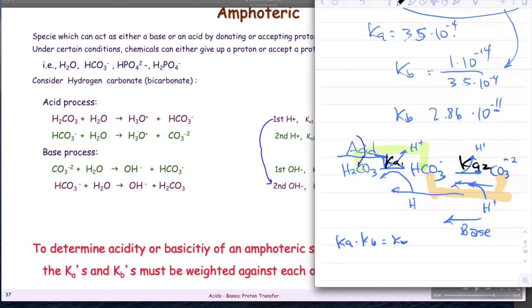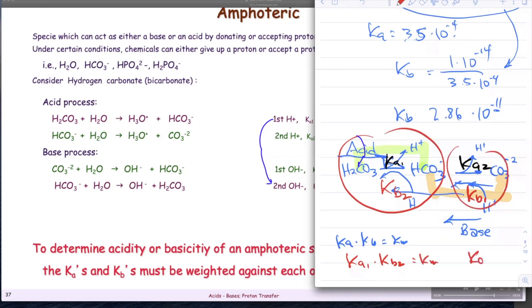On the other hand, this is Kb1 because it picks up the first hydrogen, and this is Kb2 because it picks up the hydrogen. So Ka1 times Kb2, why? Because these are the conjugate pairs, equals Kw. And here we have Ka2 times Kb1 equals Kw.